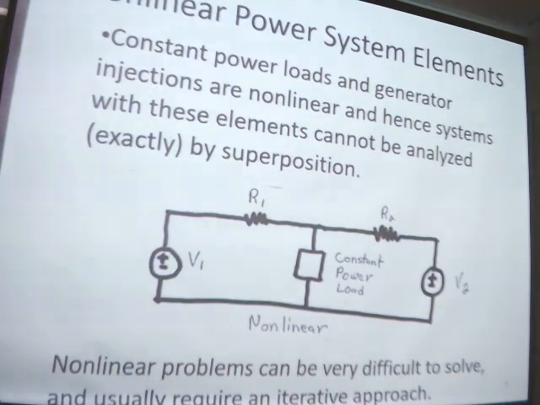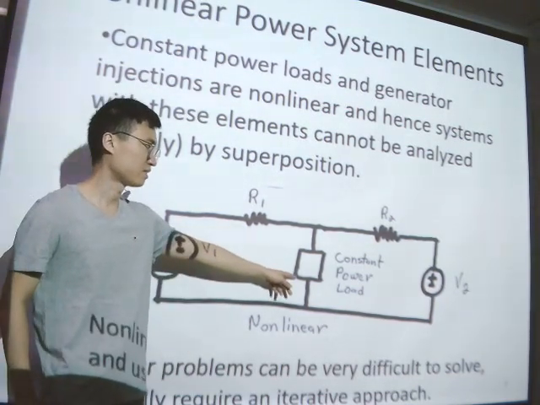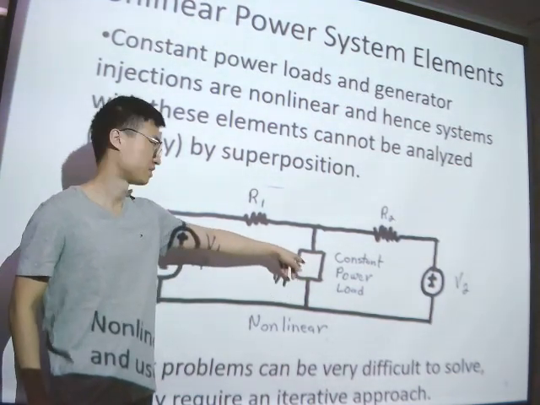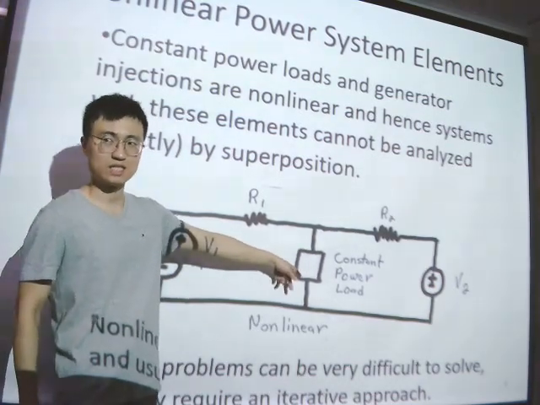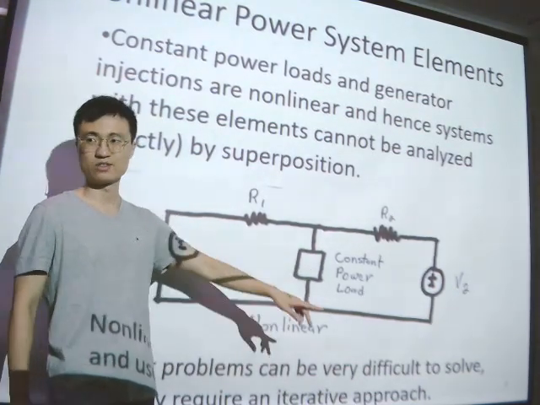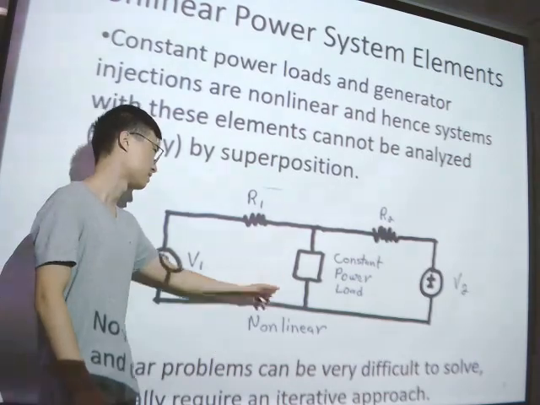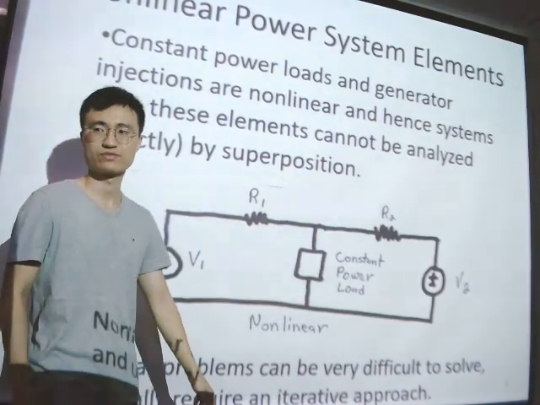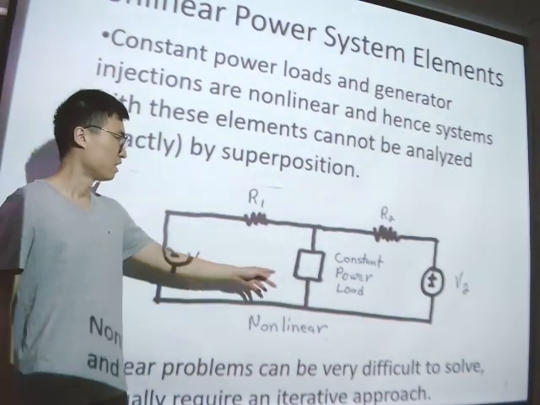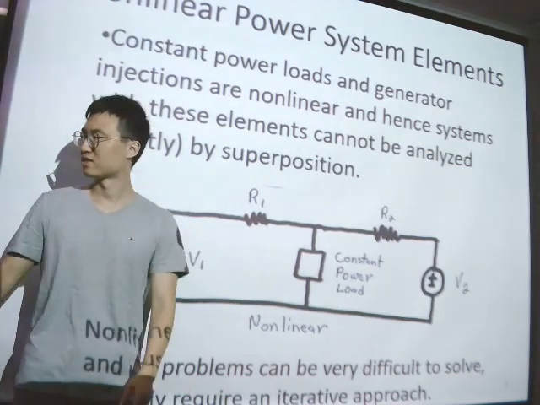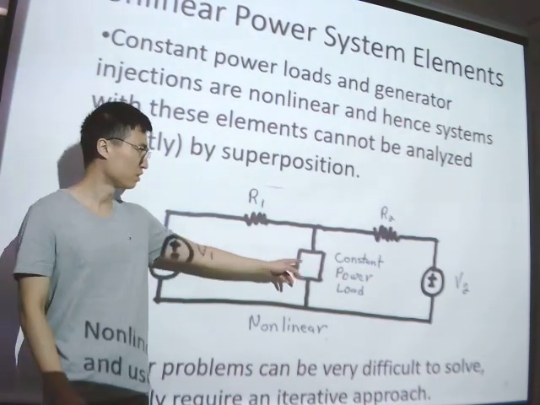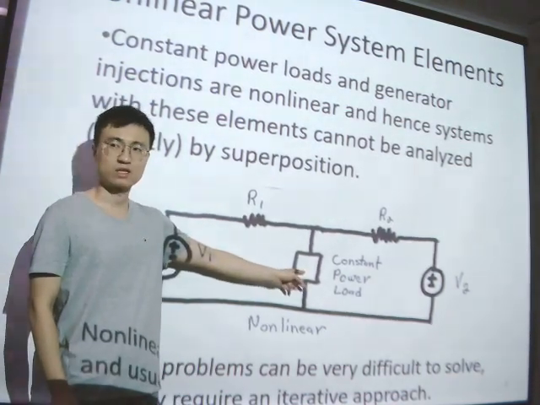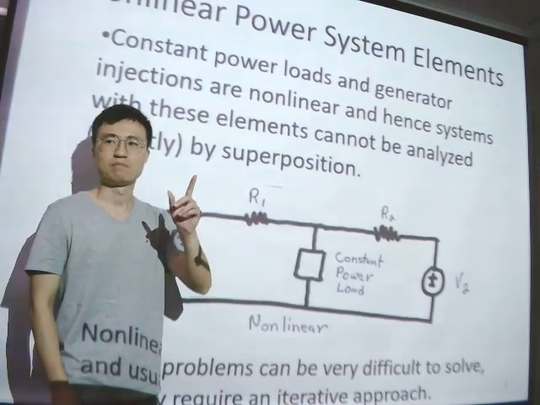This constant power load is not a resistor, inductor, or capacitor. For example, you turn on an air conditioner that consumes 1 kilowatt per hour.